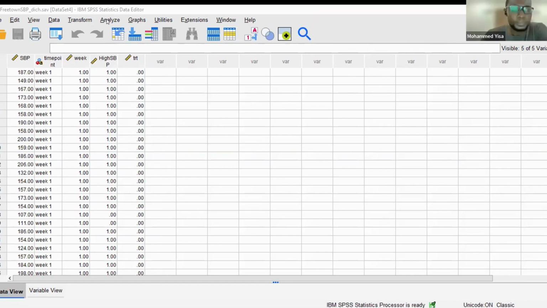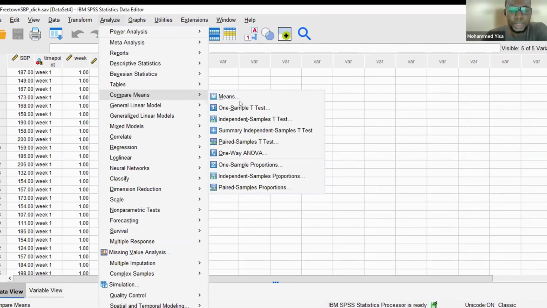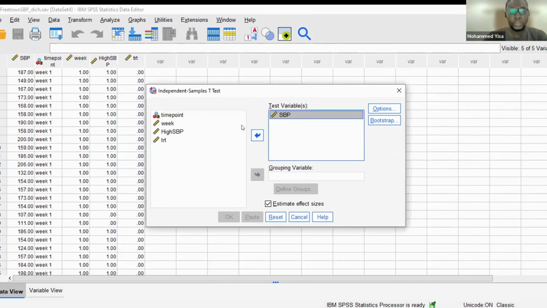So we go to Analyze, come to Compare Means, and then we come to Independent Samples T-Test. The test variable, what we want to check, the variable that we are testing to see if it is different across the two groups, is systolic blood pressure. So we are trying to check if systolic blood pressure is different between those that were treated and those that were not treated.